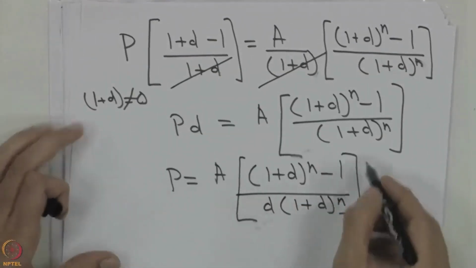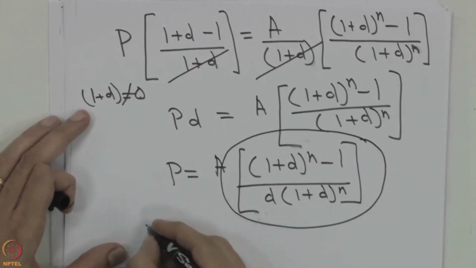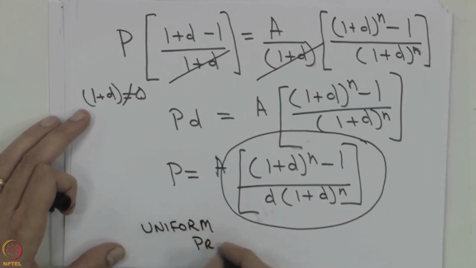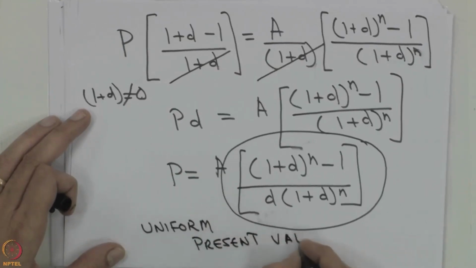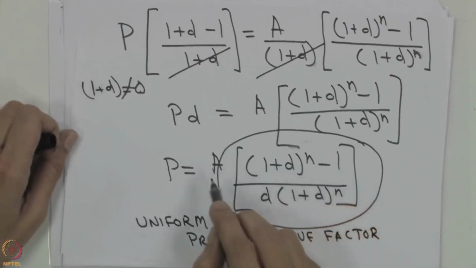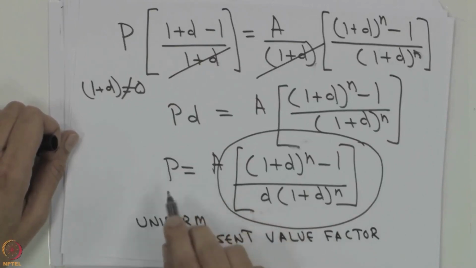This factor which we have is called the uniform present value factor. This factor is what we multiply the annual cash flow stream by to get the equivalent upfront present value. This is called the uniform present value factor.